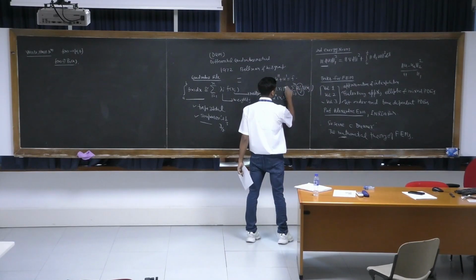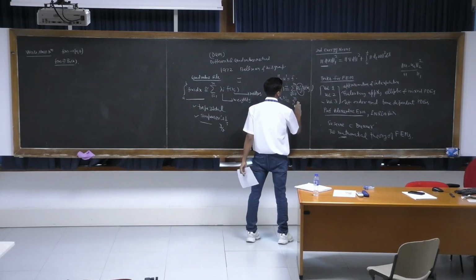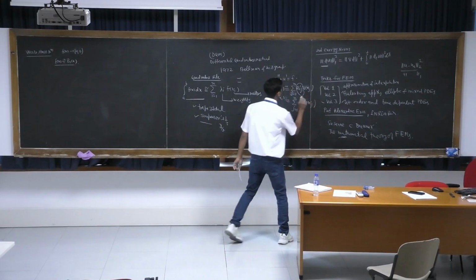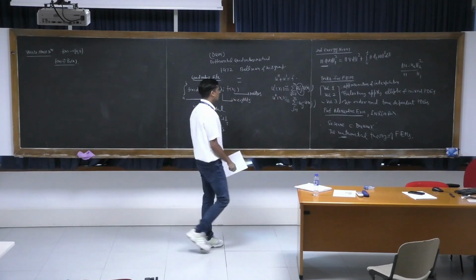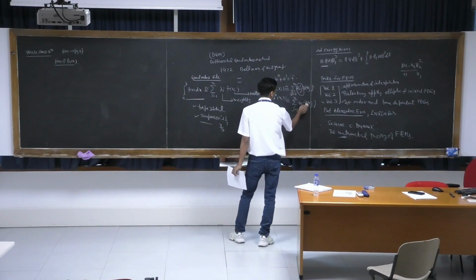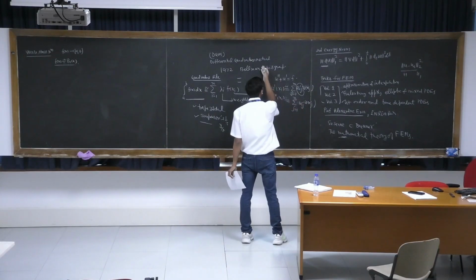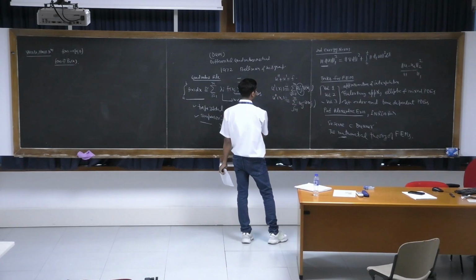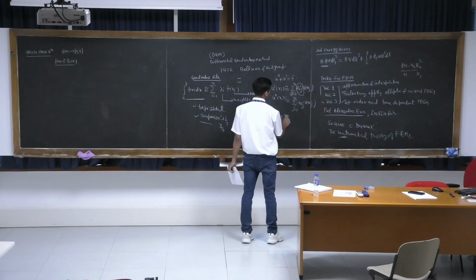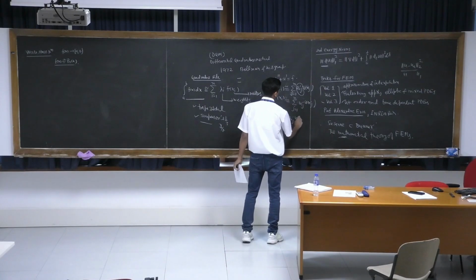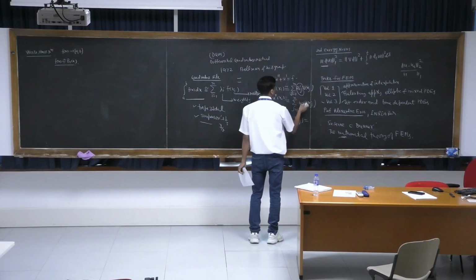Similarly, you can approximate the second derivative. Again, suppose I say some other weights, b_ij, and u of x_j. So if we have these weights, just put them in the equation. Putting in this equation, u double dash is summation j equal to 1 to n of b_ij u of x_j plus summation j equal to 1 to n of a_ij u of x_j, equal to f of x_i, which is also discretized.